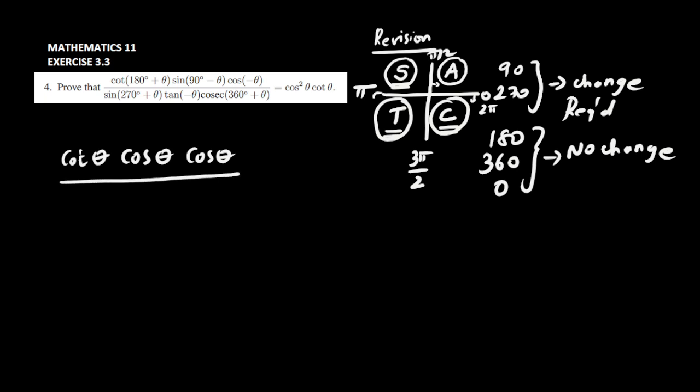Divided by sine 270 plus theta, which is actually in the fourth quadrant, and because it's 270 you have to change the function. Sine is negative there, so it's minus. Because it's 270 you need to change the function, it's going to be cos theta.